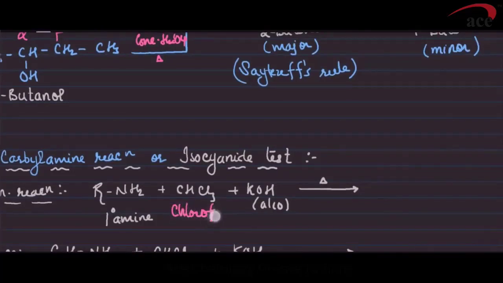in the presence of alcoholic KOH, it produces RNC.